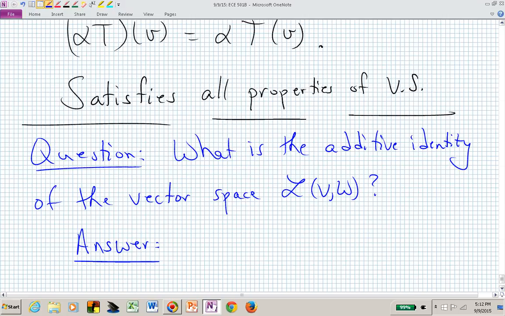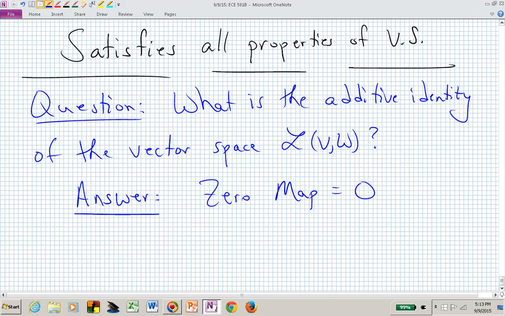It just maps everything to zero. It's really just the zero map, isn't it? Because we want that additive identity, when added to another linear map, to give us the linear map back that we started with. So the zero map will perform that function. That's our answer.